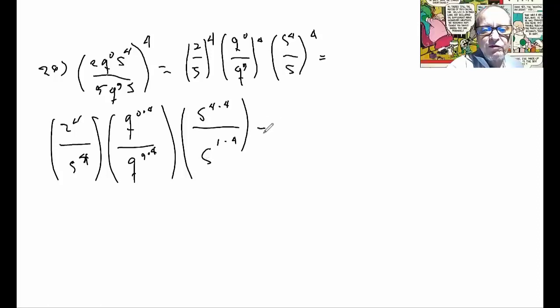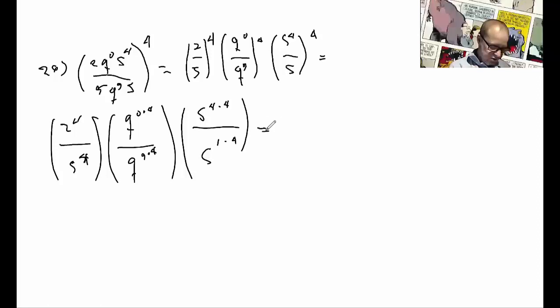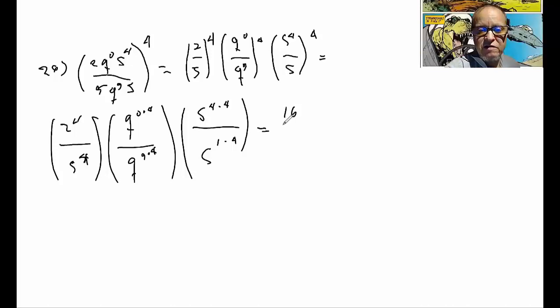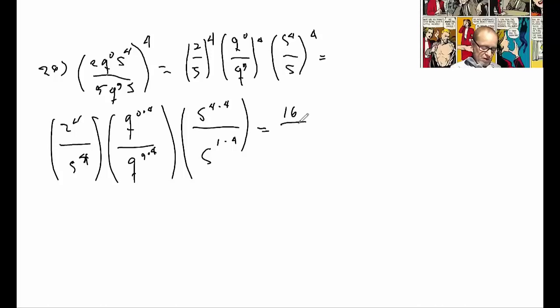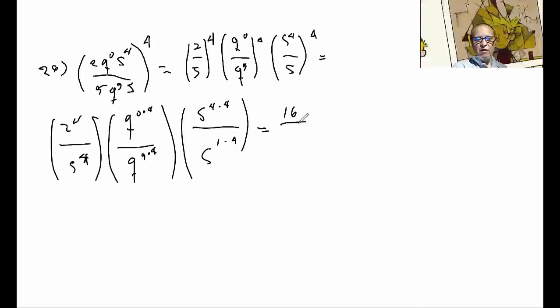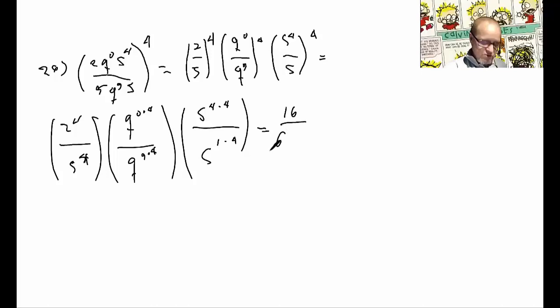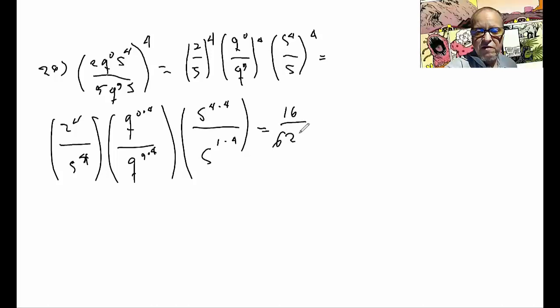And now I work it through. So I have 2 to the 4, that gives me 16. And on the bottom, I worked out 5 to the 4th power. It turns out that that's 625.